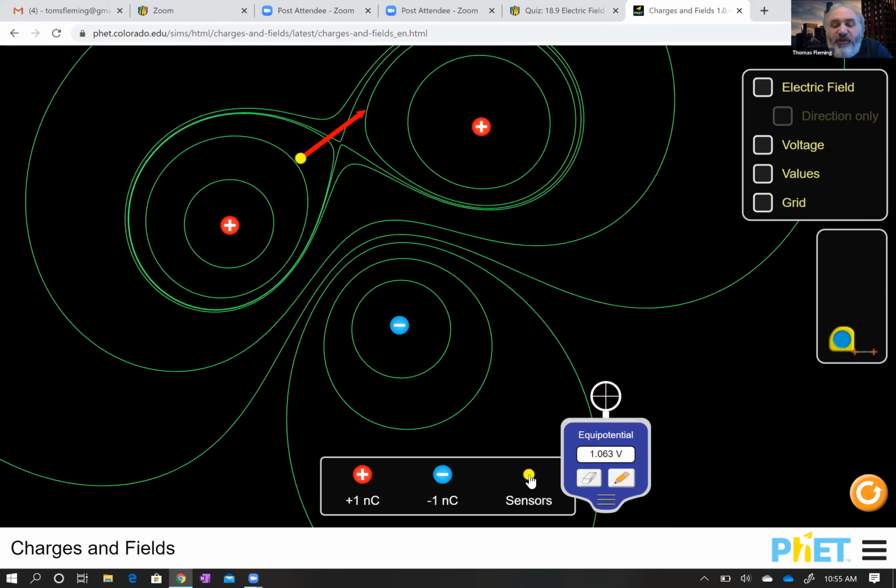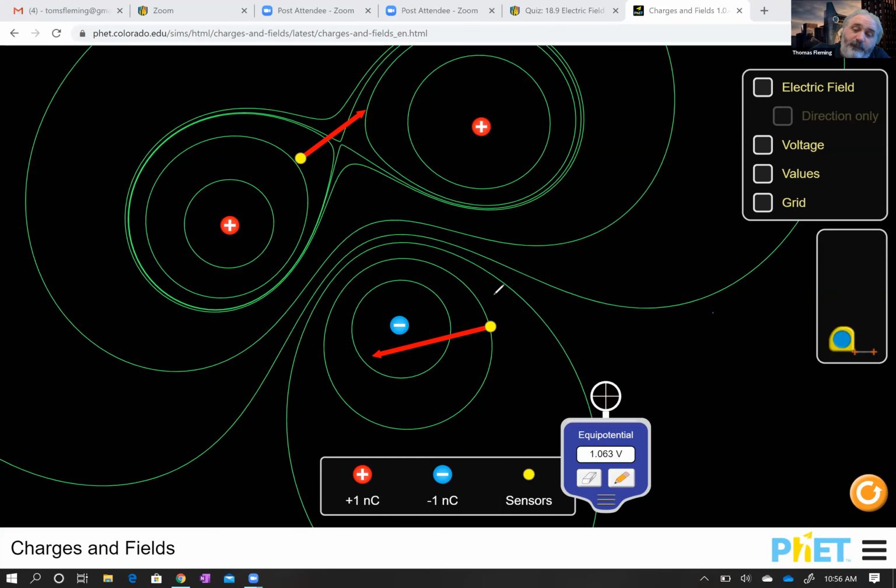But look what happens when I put my sensors out here, right? At that location, as complicated as all this is, here's my tangent line, and at that point, that's a right angle. If I put the sensor someplace else, well, at that location, here's my tangent line, still 90.